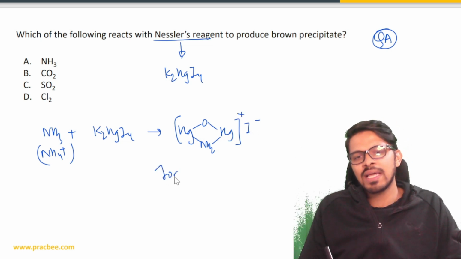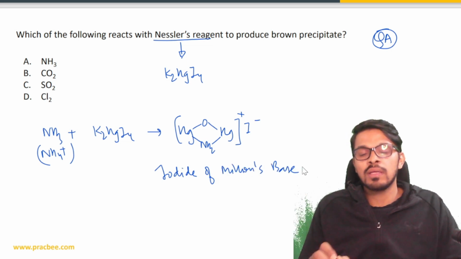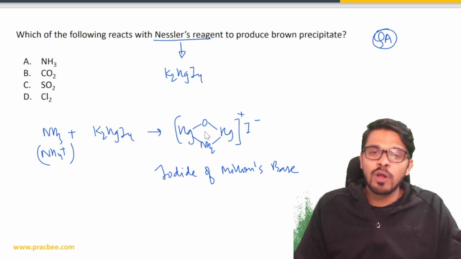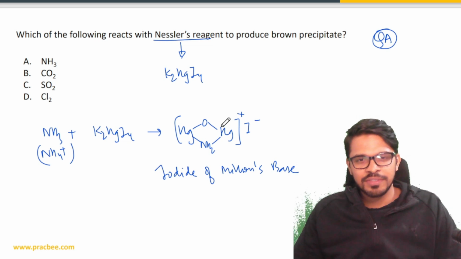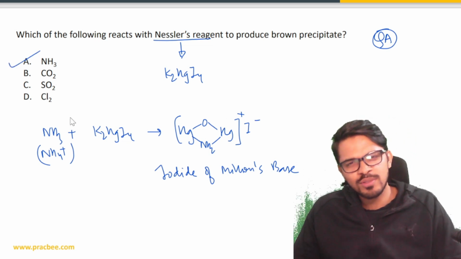This is called the iodide of Millon's base. Ammonia gives a brown precipitate with Nessler's reagent. So the answer would be A. Anyways, the other options are useless.